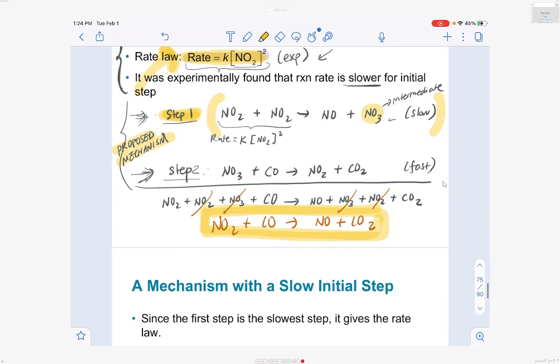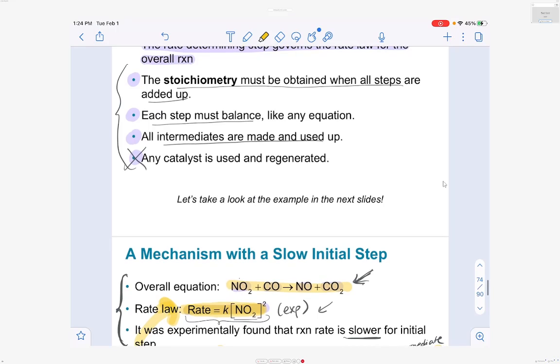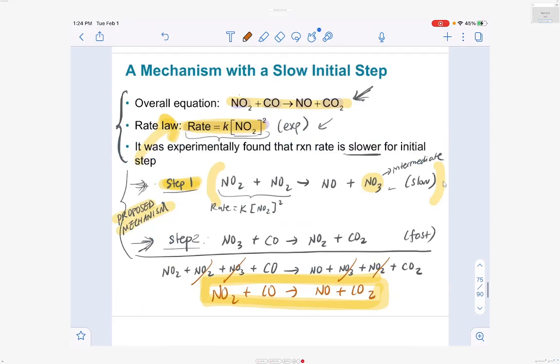So the first criterion is met: the stoichiometry must be obtained when all steps are added up. When I added step one and step two, this is what I got, and this met the overall equation. So I know that the step one and step two mechanisms that I proposed seem right so far.